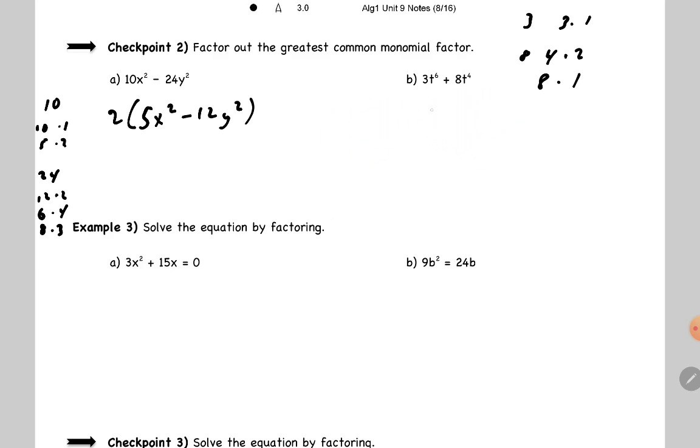But they do share t's. This one has 6 t's, and this one has 4 t's. So I can factor out 4 of those t's. 3t, so if I take out 4 t's, I'll get 3t squared, there's 2 left. And then here I just have the number 8. There's no more t's.